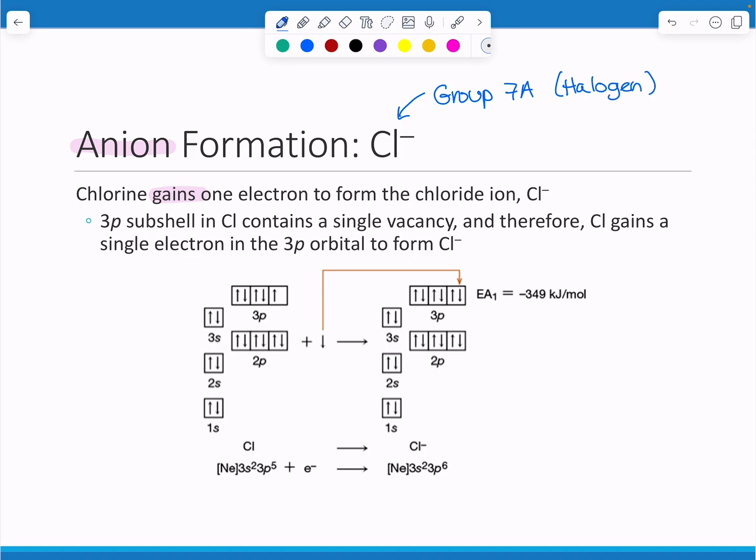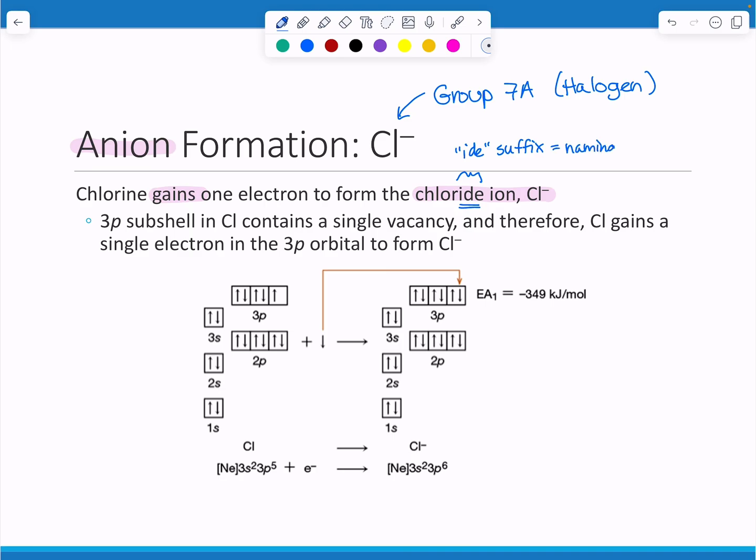And that is going to gain an electron to form what we call the chloride ion. So start getting used to seeing the IDE suffix when we have anions, because that is the naming convention we use for anions.